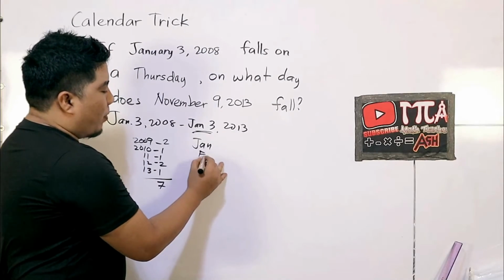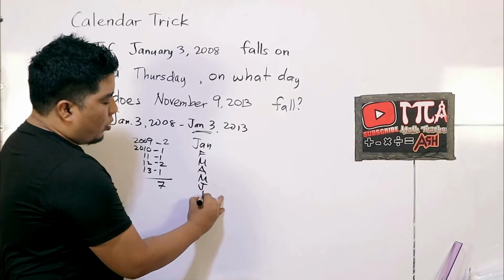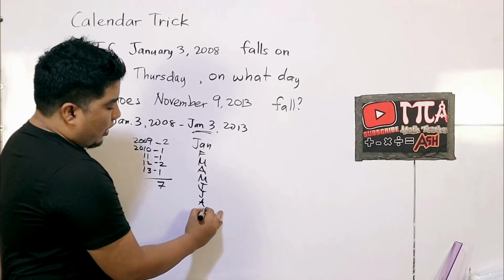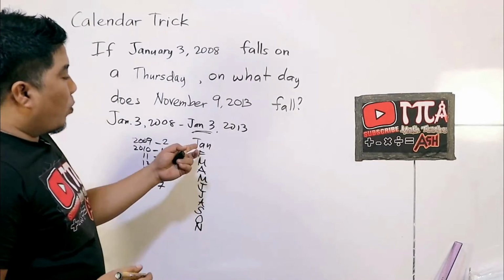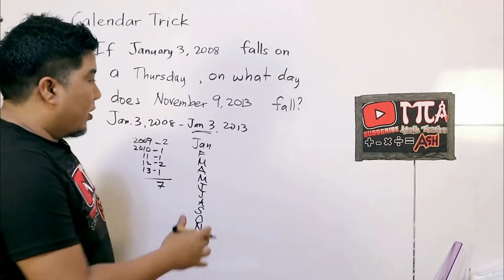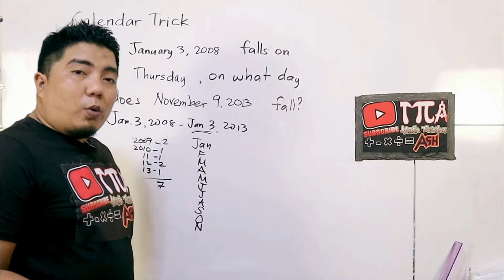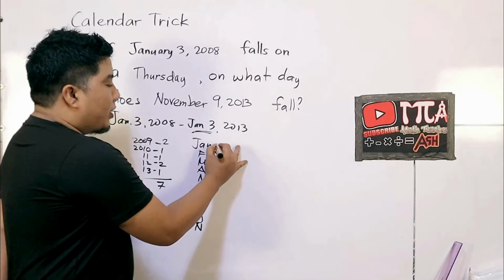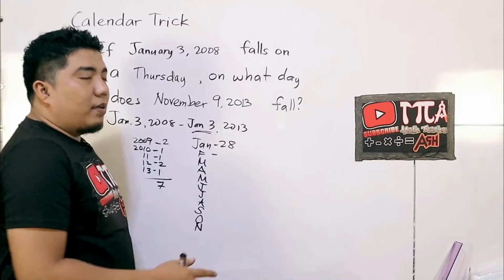So we have January, February, March, April, May, June, July, August, September, October, November. Okay. Now for January 3, we have 31 days. Of course, we already used the 3 days of it. So, in 31 minus 3, you still have 28 more days not used for this given month.